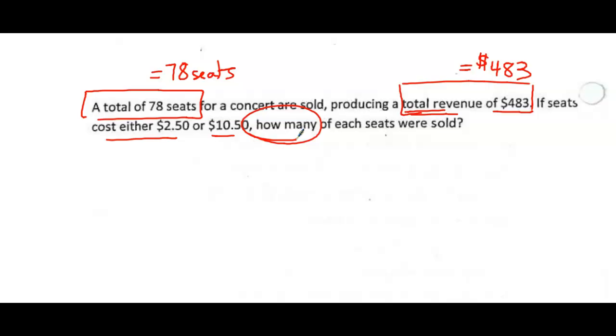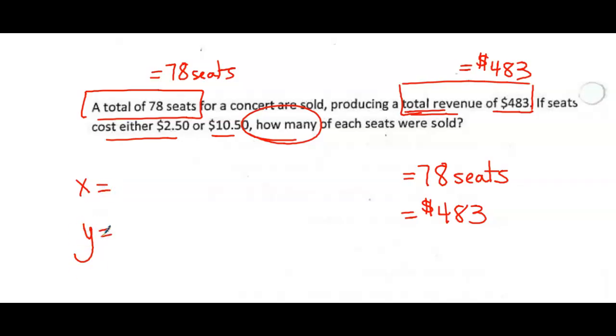Well, I know something has to equal 78 seats. You do not need to write this over here if you don't want to. And I know something has to equal $483. I need to define my variables. I need to know what the unknown is. I need an X and I need a Y. Now remember, you need to use words that are measurable.